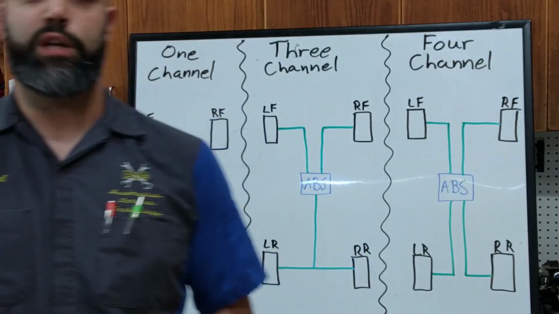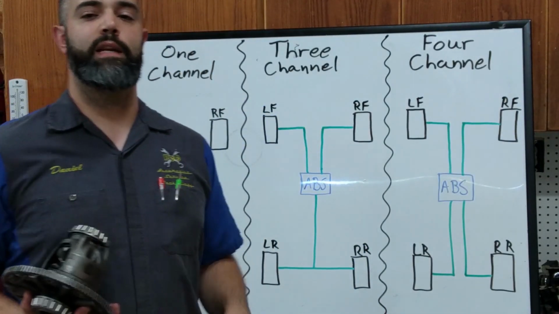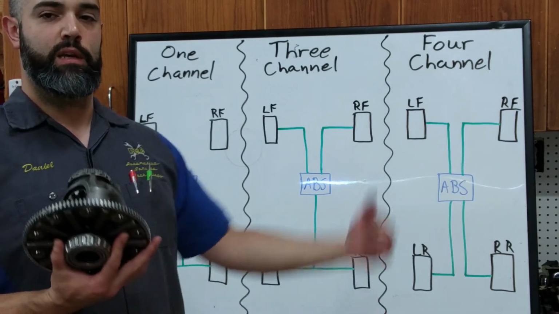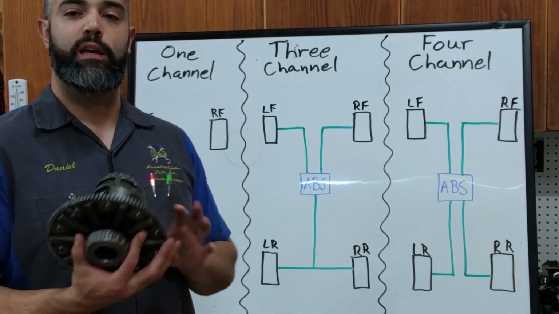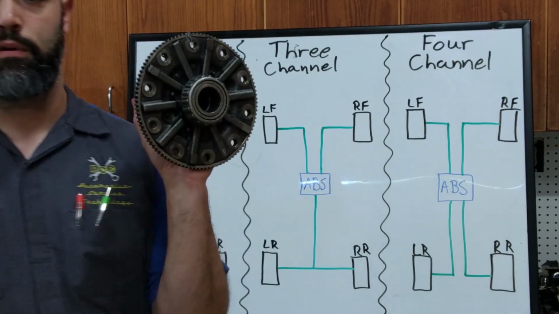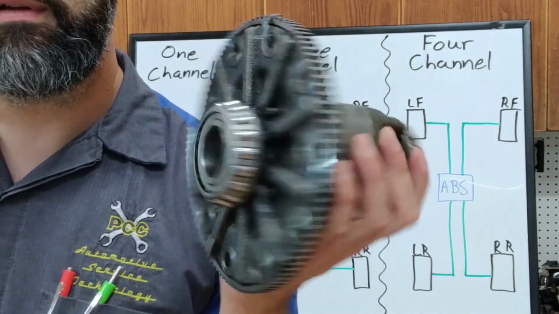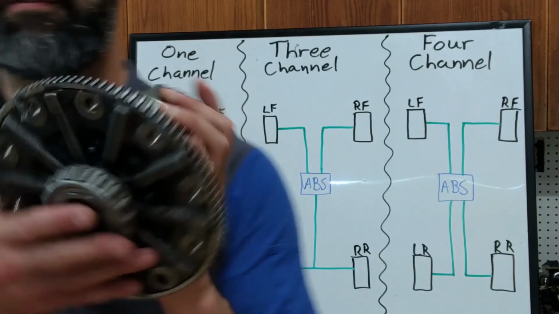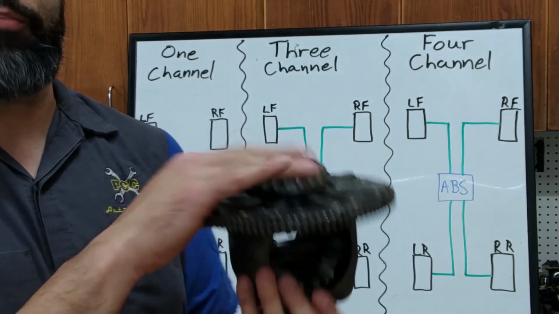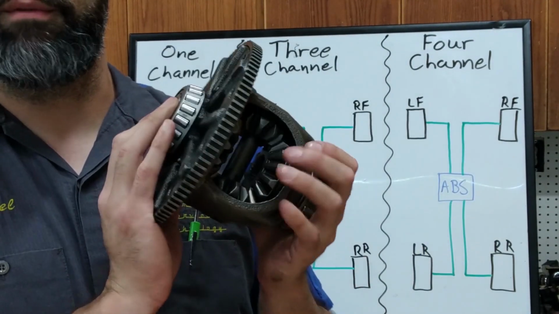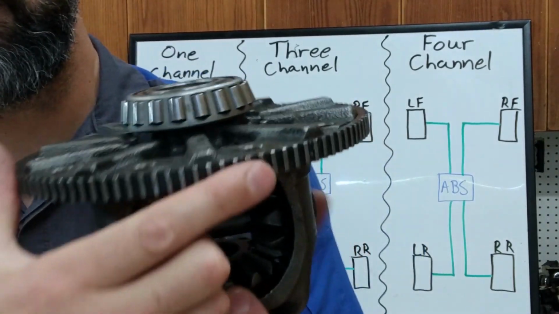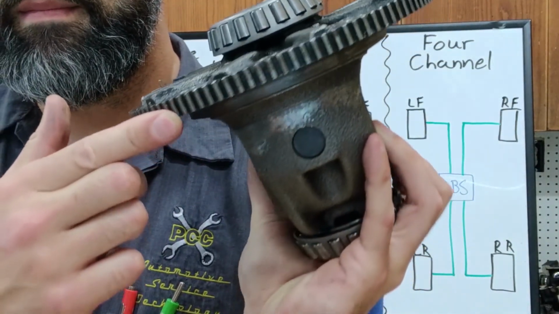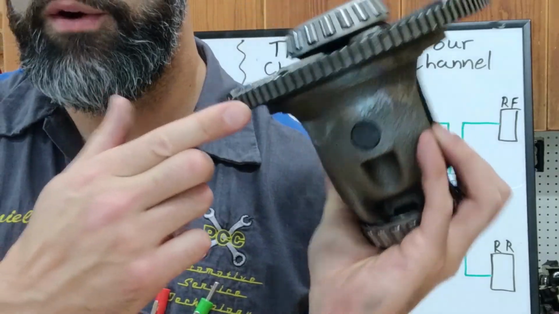Inside the differential, where the driveline comes in from the transmission, comes into the rear axle and it splits 90 degrees and goes to each wheel. We have the carrier. This is in the differential, so in the pumpkin-shaped part of the rear axle. Now notice what it has around the outside of it. This is a tone wheel.